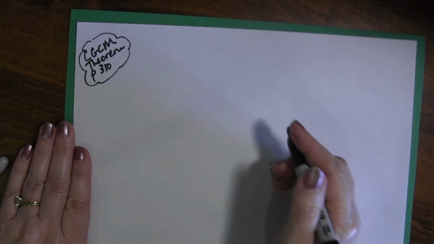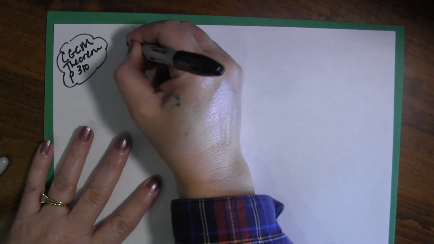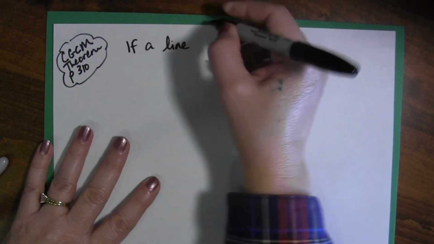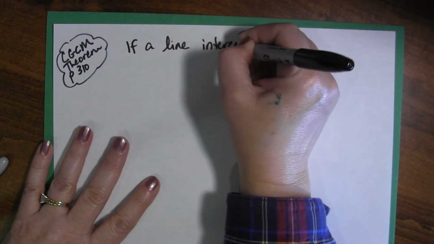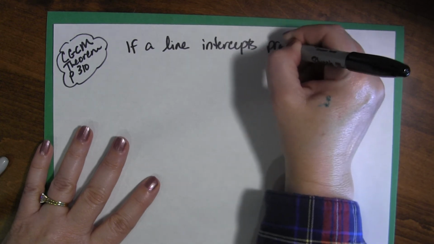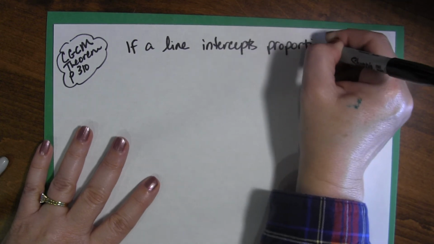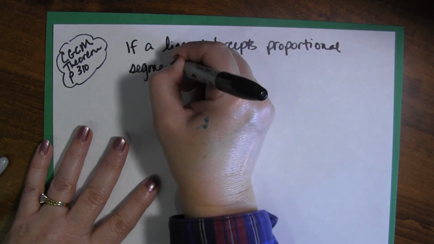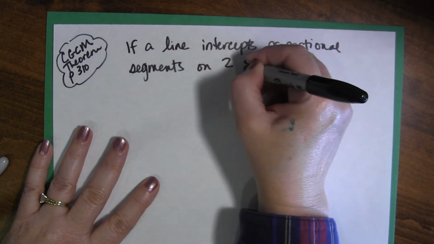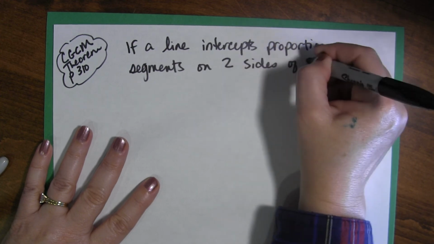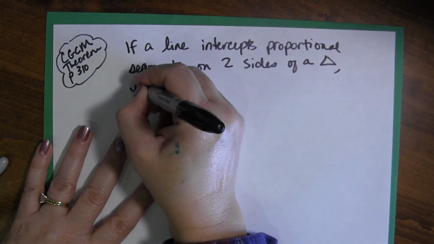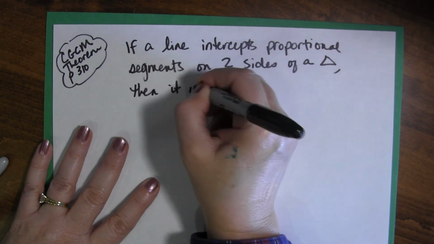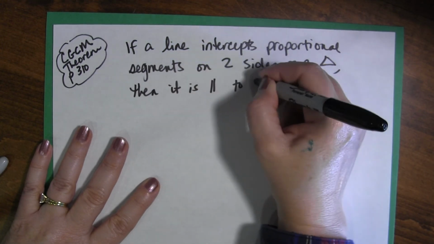And it says that if a line intercepts proportional segments on two sides of a triangle, then it is parallel to the third side.